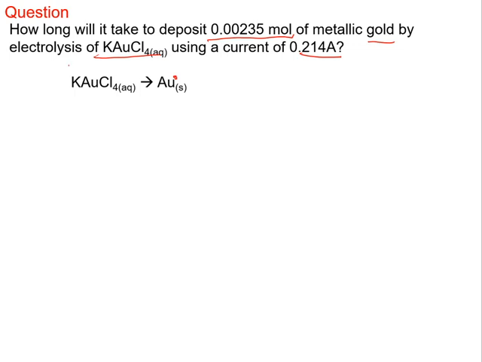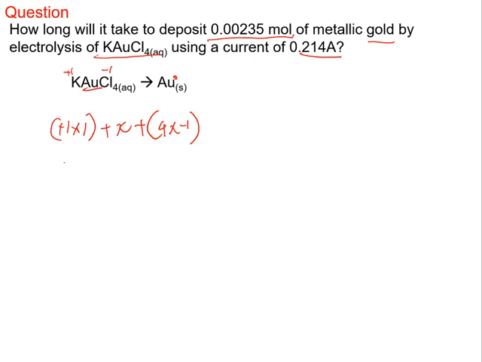From the periodic table, you know the oxidation number of any group 1 element is +1, and the oxidation number of any group 7 element is -1. So what you get is +1 times 1, because there's only one of it, plus x, since we don't know the gold state, plus 4 times -1.